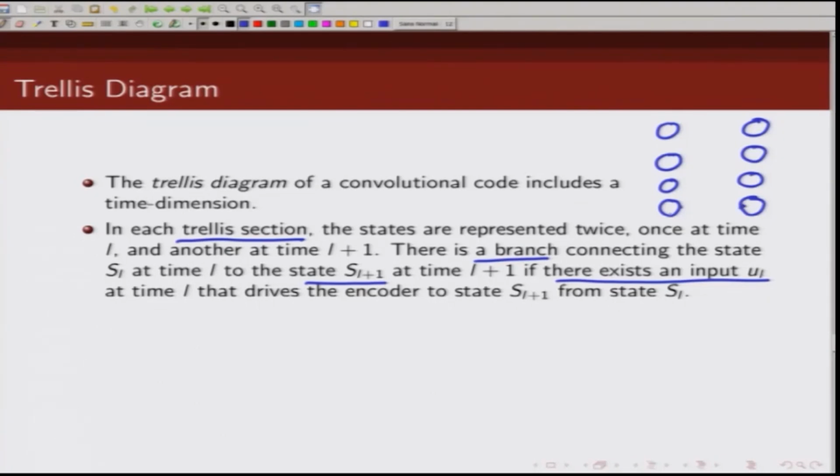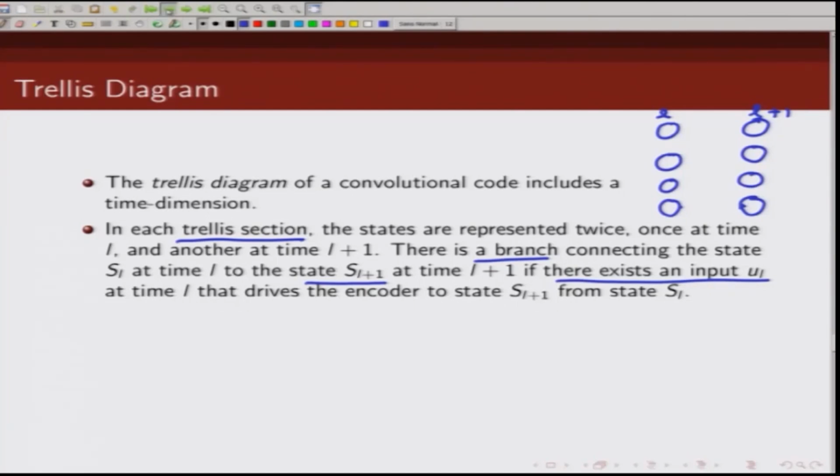So, at time L, these are the states corresponding to time L, and these are the states corresponding to time L plus 1. So, there will be a valid transition from a state at time L to a state at time L plus 1 only if there exists an input that will drive from this state to some other state in the next time instance.